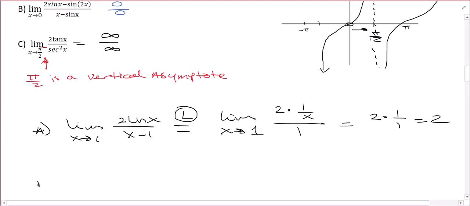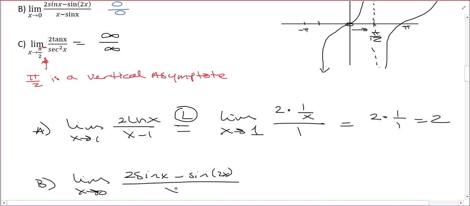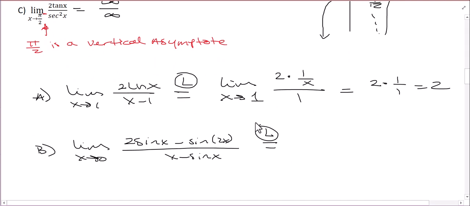For part B, we have the limit as x goes to 0 of 2 sine x minus sine of 2x over x minus sine x. So we already saw that it's 0 over 0, so that means we can apply L'Hopital's rule. And so when you take L'Hopital's rule, that means we're taking the derivative of the top.